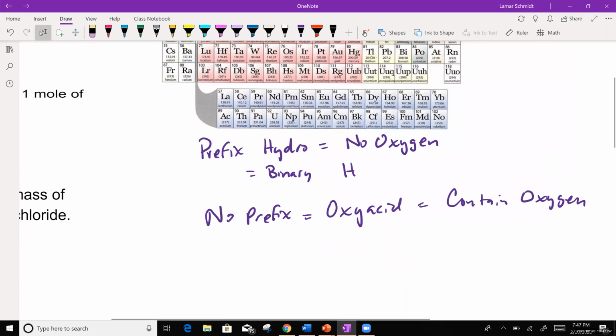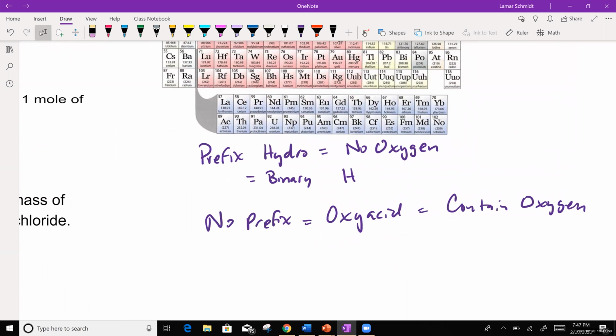Your oxyacids are a little bit different, because there's a little more to that. There is a rule where you can apply the relationship between ate and ick, and ite and us.